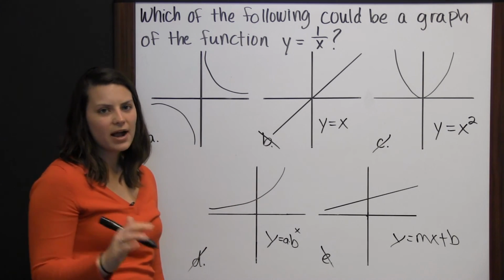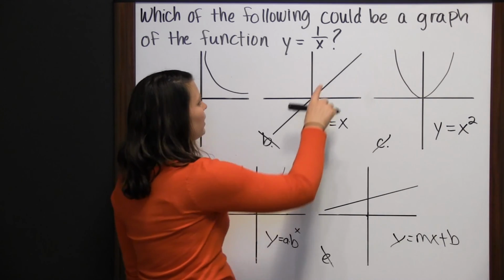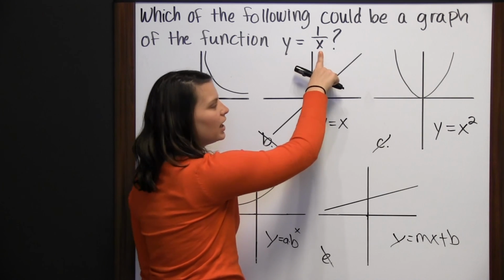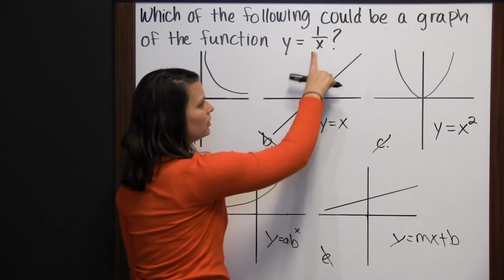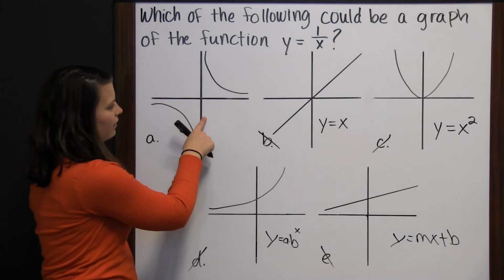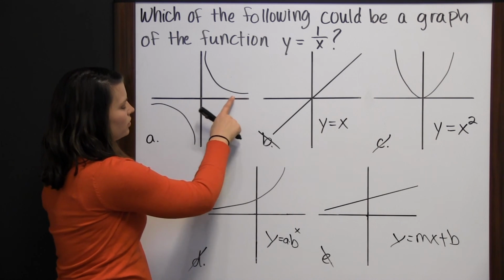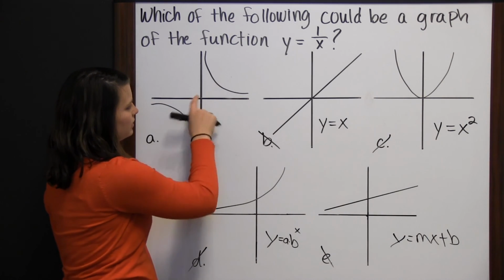Something you can think about with rational functions is that the only number you can't divide by is 0. Notice how on this graph, your domain is never 0.